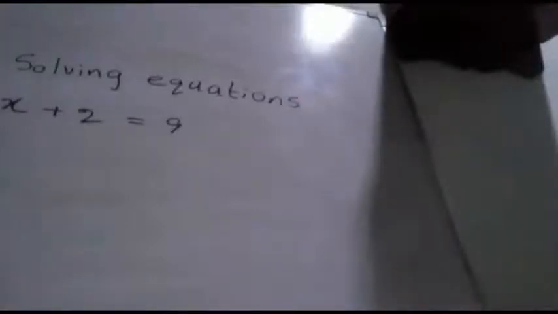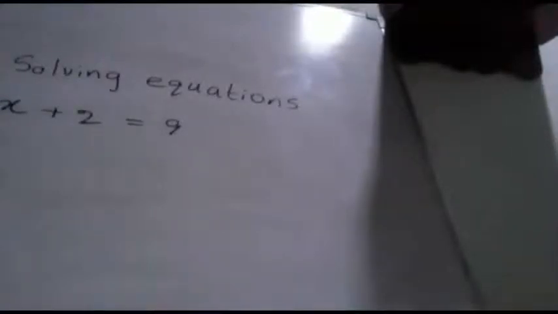When solving an equation like this, it is sensible to proceed in the following order. Remove any brackets. Collect any like terms on each side.